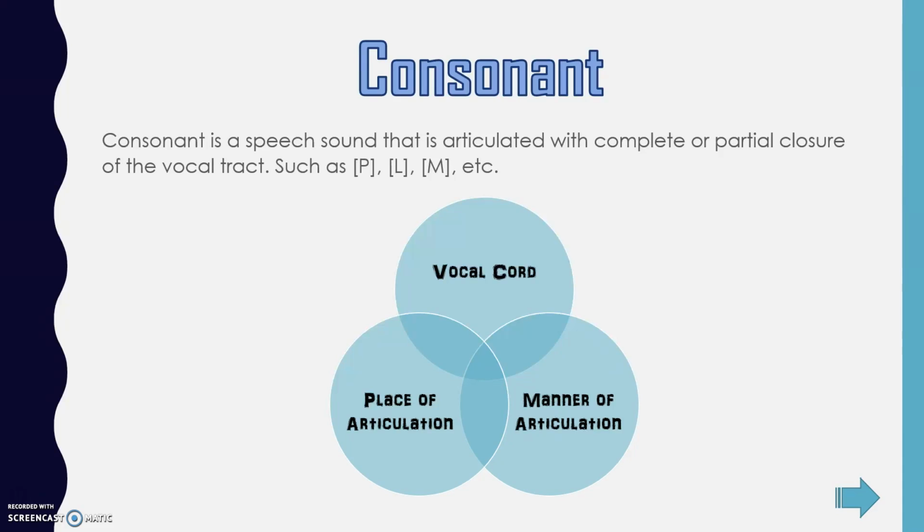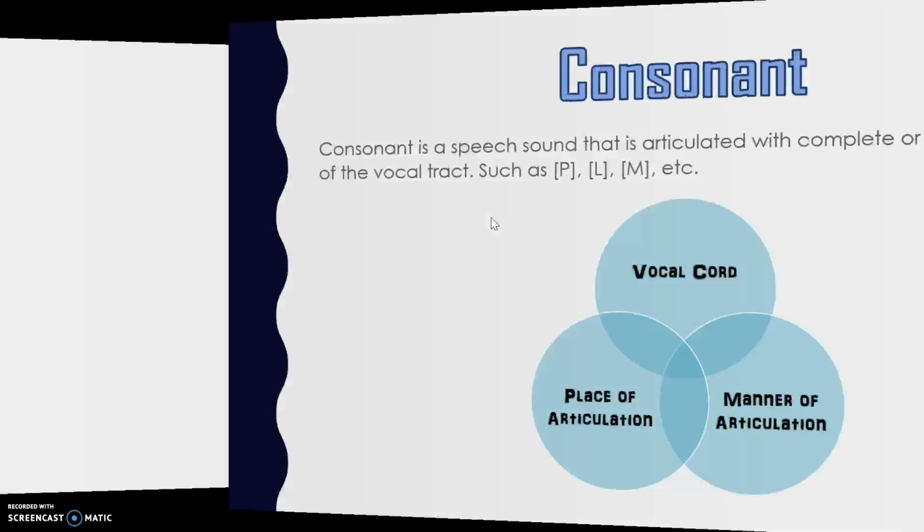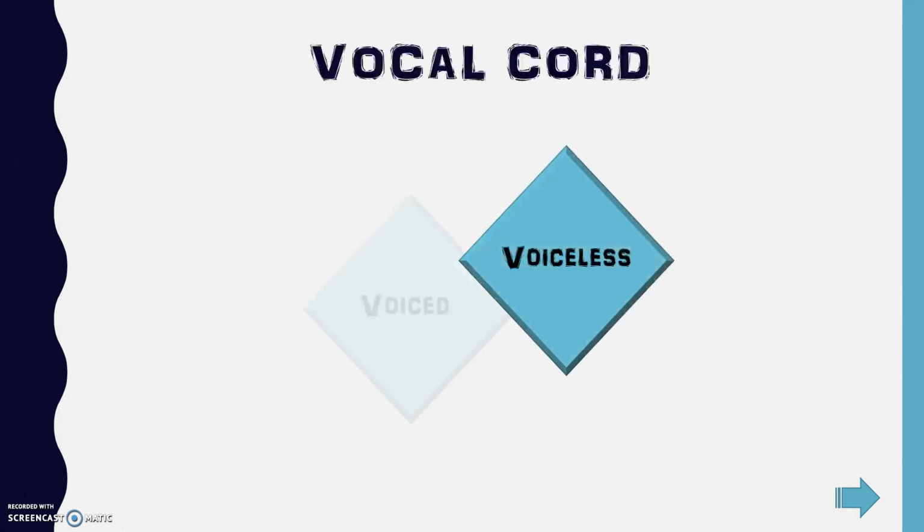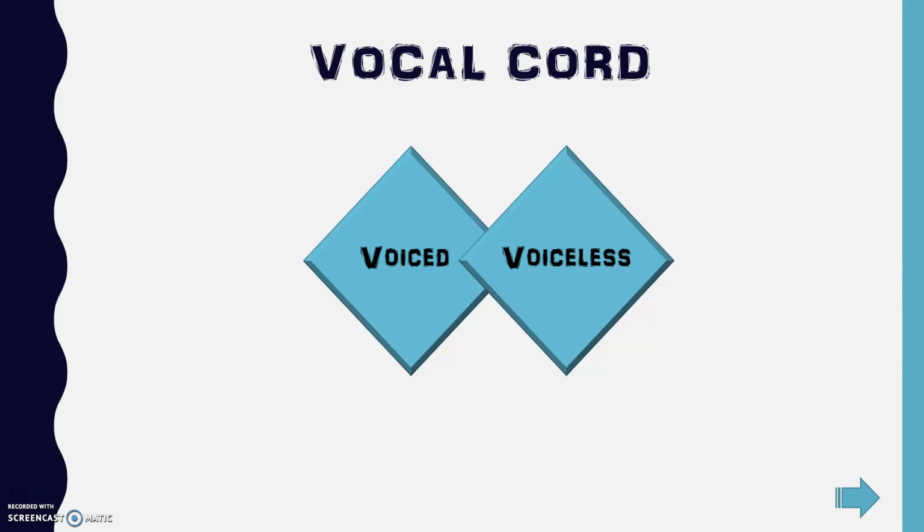Consonants are described in terms of vocal cords, place of articulation, and manner of articulation. Vocal cords: there are two kinds, the first is voiced and the second is voiceless.